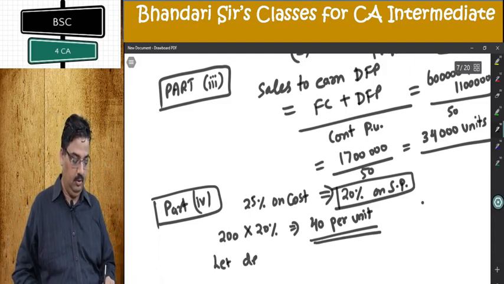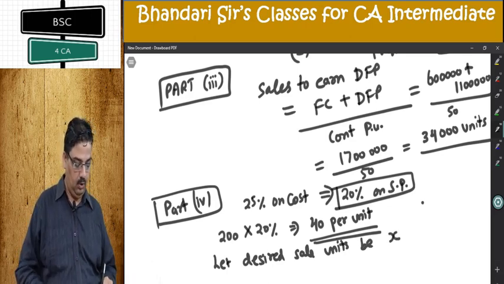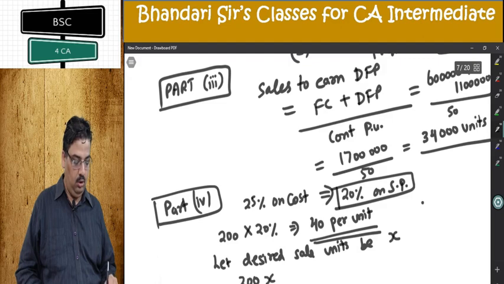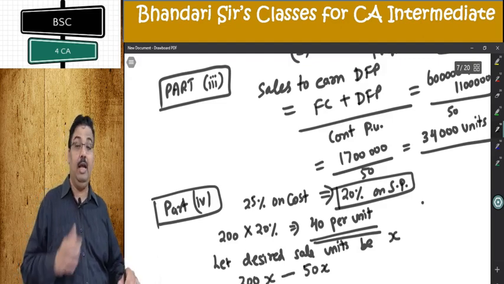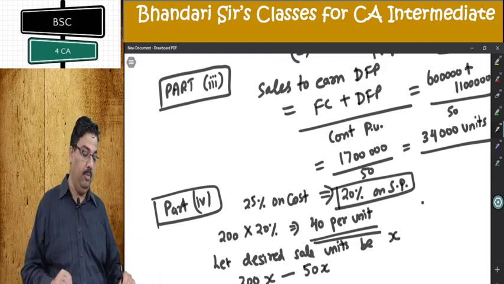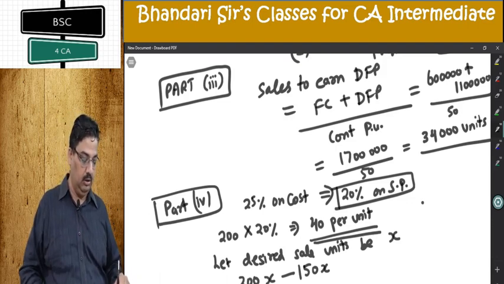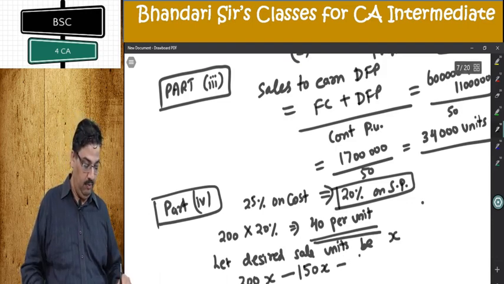Let desired sale units be X. 200X minus 150X. 150X is here variable cost. Minus fixed cost 6 lakh should be equal to 40X.